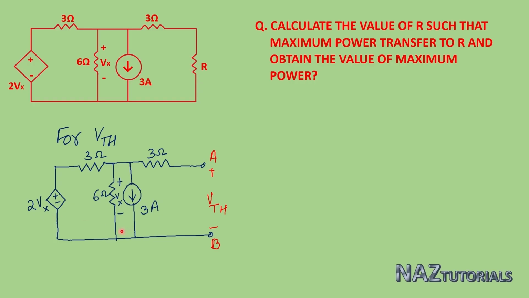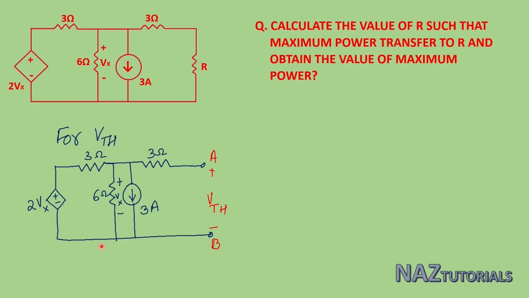If we apply source transformation, then this Vx will change, the circuit parameters will change, so the dependent source value will change. So to keep the circuit intact, we cannot change this particular 6 ohm resistor.